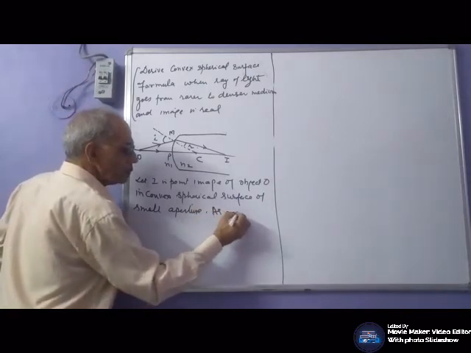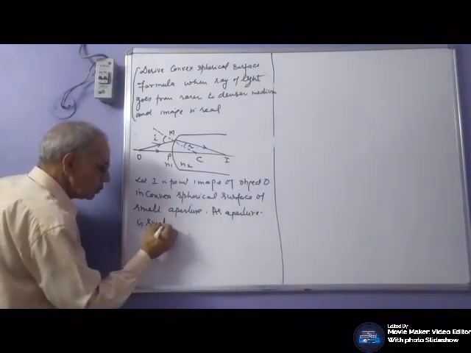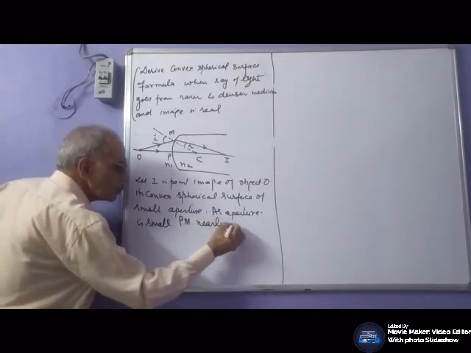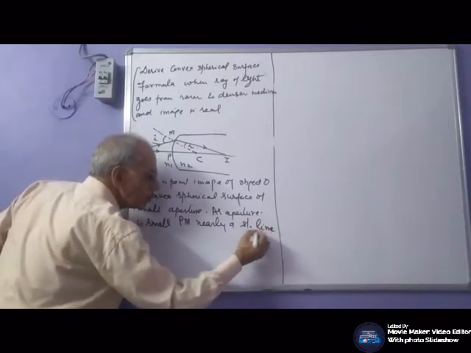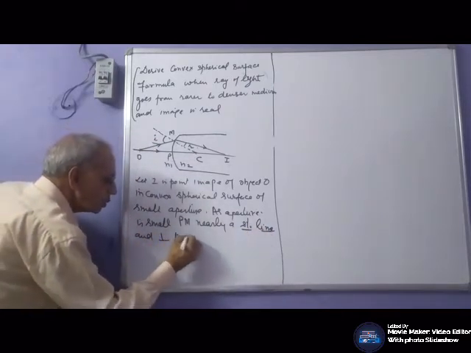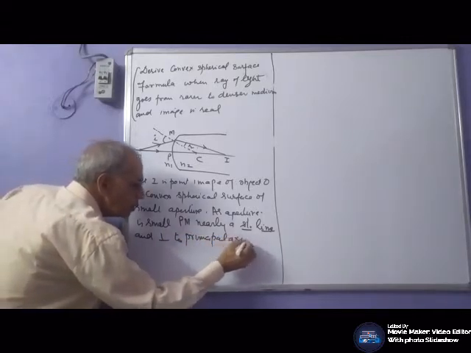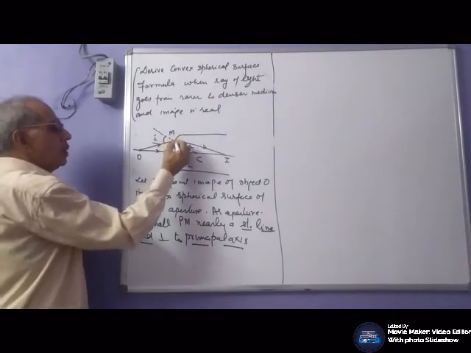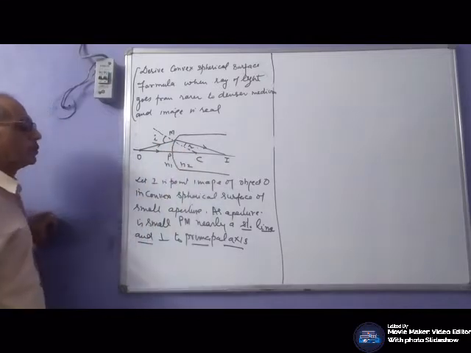As the aperture is small, PM is nearly a straight line and perpendicular to the principal axis. This is aperture small and the point is nearly here. Here it is nearly perpendicular and a straight line.